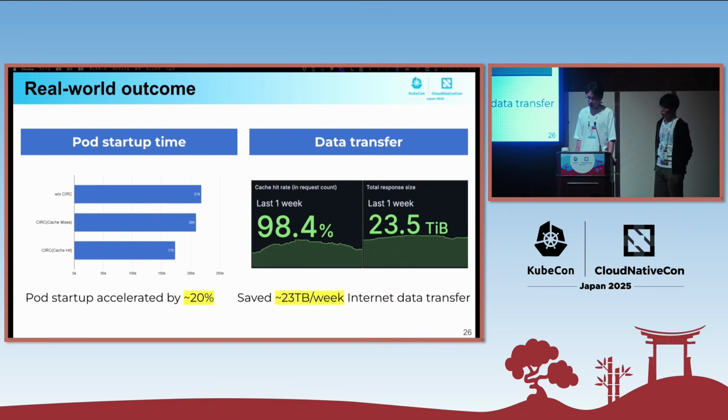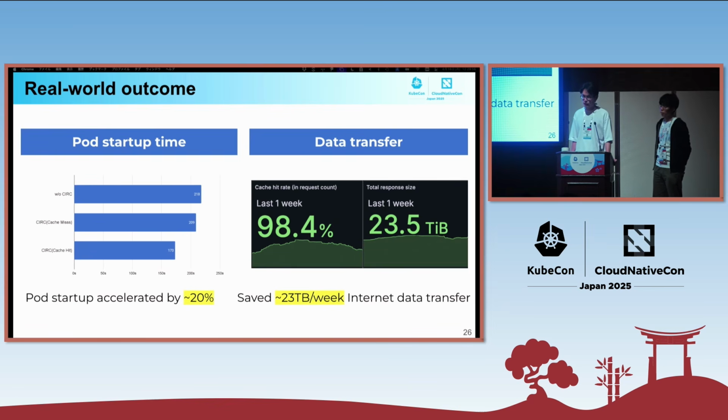Here, let me reiterate the real-world outcome that these features have brought us. Pod startup time was accelerated by around 20%. Thanks to CIRC's transparency, users benefit from this speed increase without needing to be aware of CIRC. Data transfer was reduced by about 23 terabytes in a week.